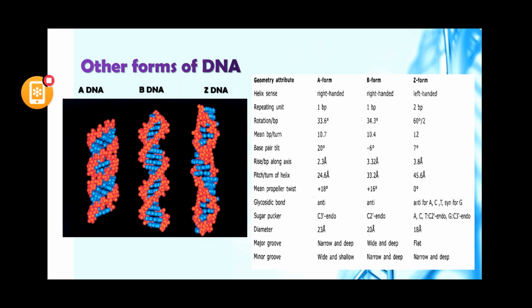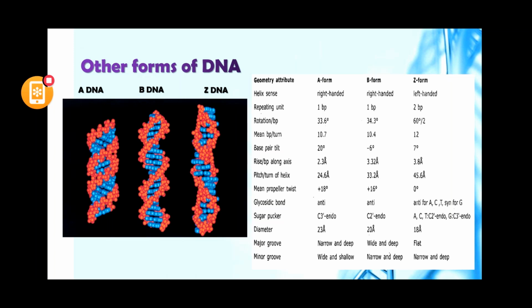Now the Z form of DNA. Similarly, the Z form of DNA is also different from the B form of DNA and even from the A form of DNA. The Z form of DNA is mostly found in a left-handed helical structure, because of alternating purine pyrimidine sequences. It has a repeated nature.